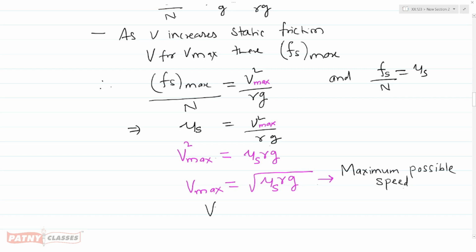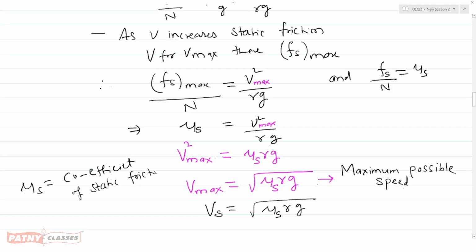It can also be denoted as Vs, so Vs equals the square root of mu s rg. And what is mu s? Mu s is the coefficient of static friction between tires and road.